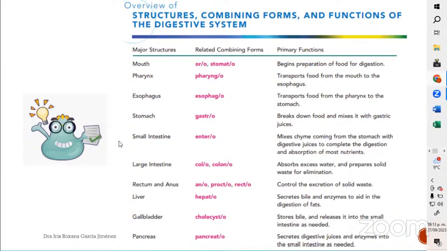I can read. I can see. I'm sorry. I don't know what I pushed. Rectum and anus, liver, what? Rinaldi, can you hear me? Yes, teacher. Gallbladder, I can see related combining because I have an image. Okay, the gallbladder, cholecyst or cholecysto. And then we get pancreas and pancreato.